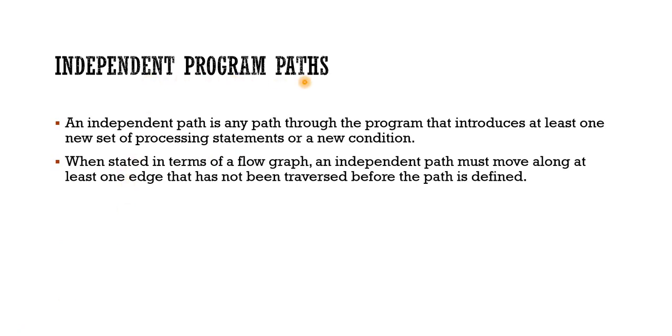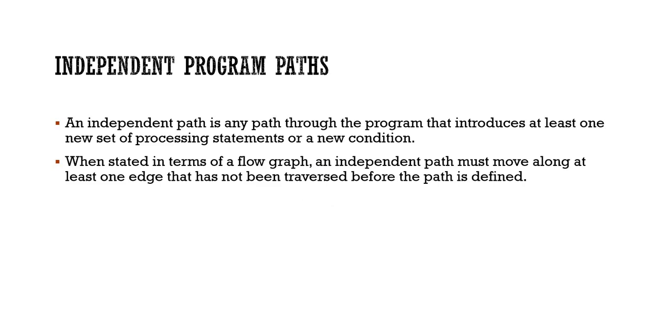An independent path should start from one node and exit from the model. But one independent path should differ from another independent path by at least one edge. It has to give a new set that has not been traversed before. That is called the independent path.